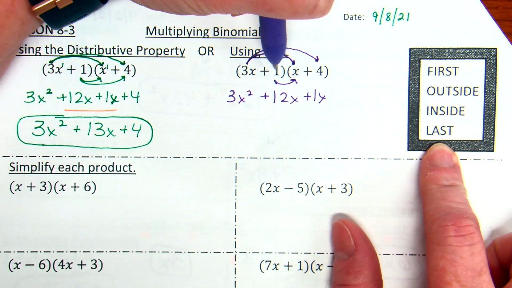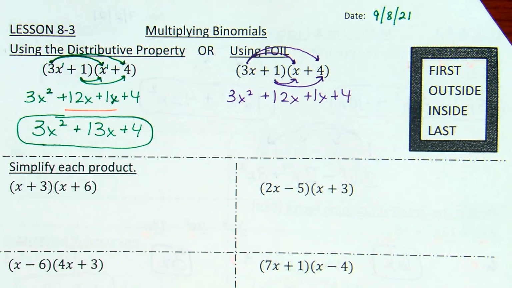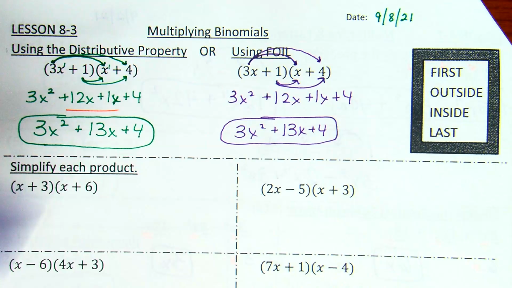Is that what we had in the other one? It's the same thing, isn't it? Okay, and you clean that up, and it's 3x squared plus 13x plus 4. You can think distribute. You can think FOIL. It's up to you. Okay?